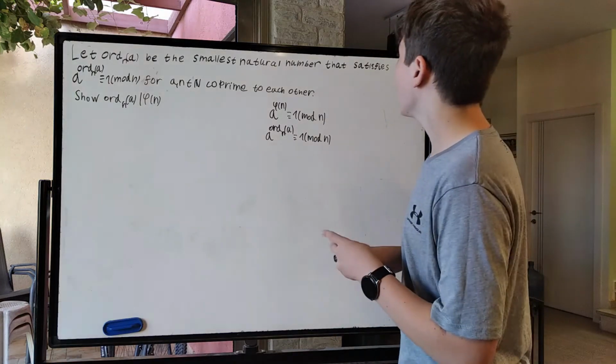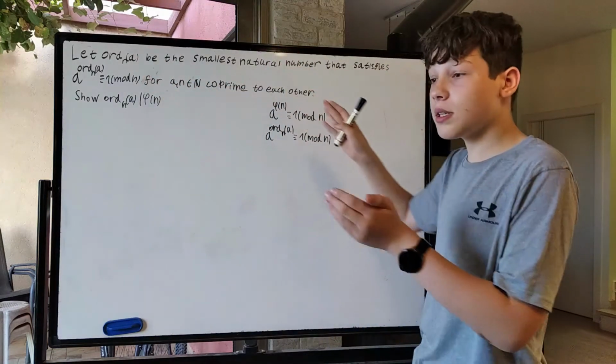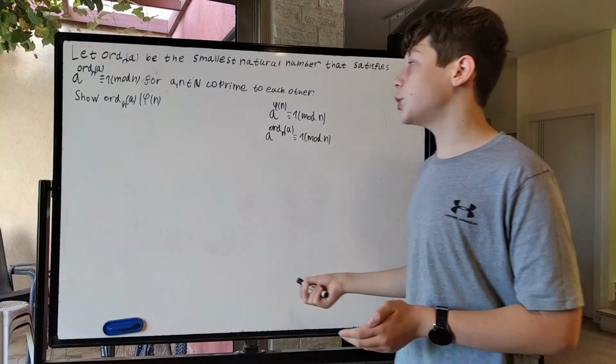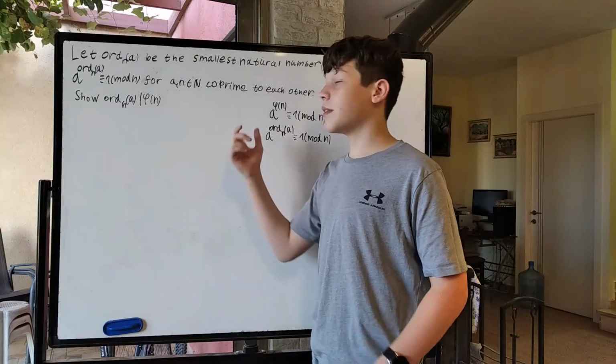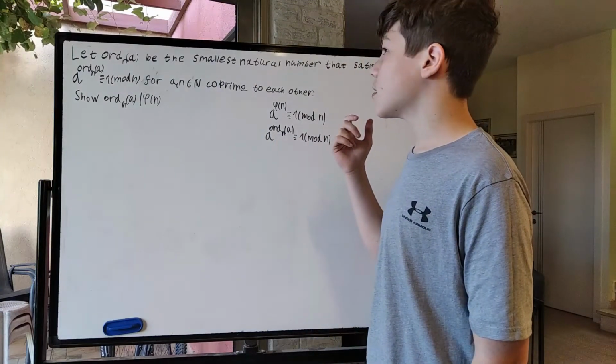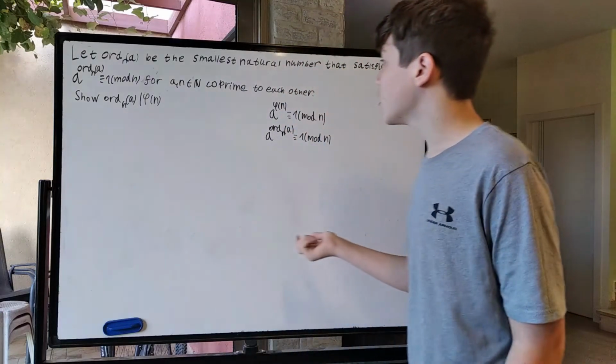Because usually when you have, let this number be the smallest natural number that satisfies such and such, then you want to show that this number satisfies a certain property.